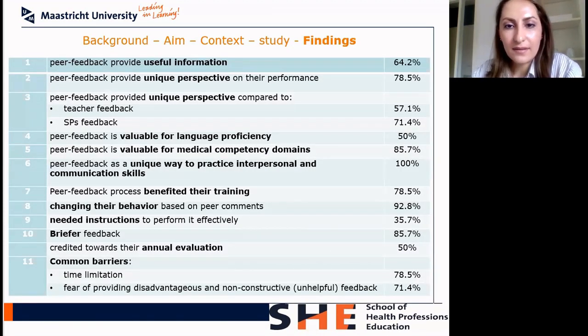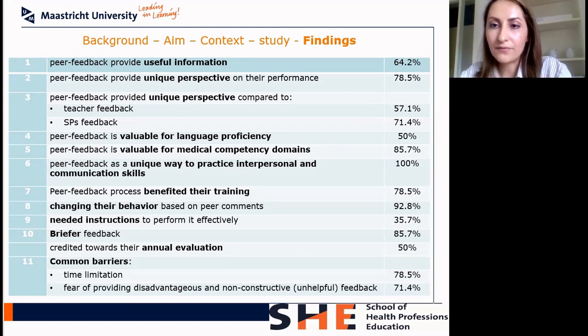For the results, in this slide, you can see the results of the survey in this table, and students agreed that peer feedback provides useful information and also unique perspectives on their performance in general, and specifically in comparison with teacher feedback and simulated patient feedback.